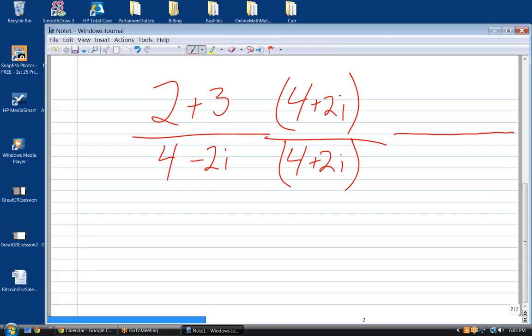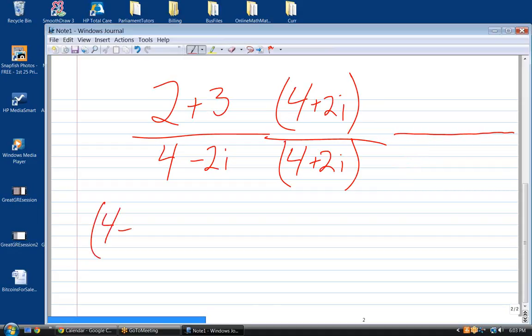Sorry, I shouldn't have said that, because there is a minus 8i, but there's also a plus 8i. So it'd be 16 on the bottom, and on top it would be... hold on, we're multiplying. Hold on.